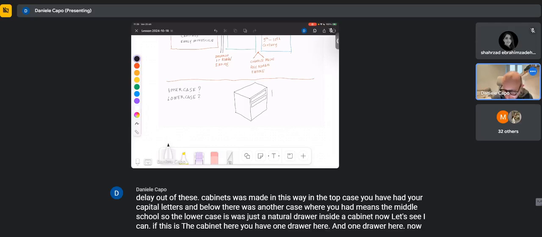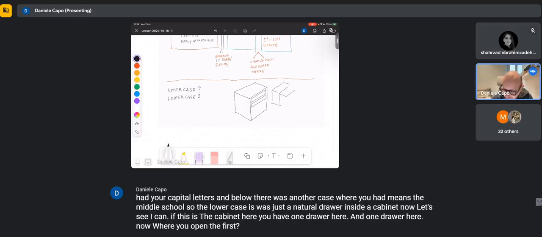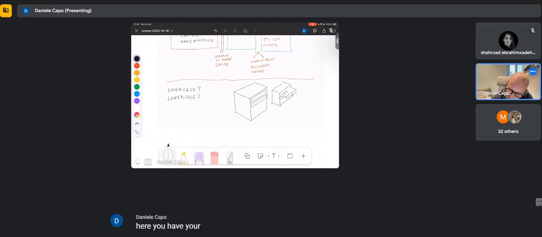Now, when you open the first one, here you have your capitals, and the other drawer was for the lowercase.